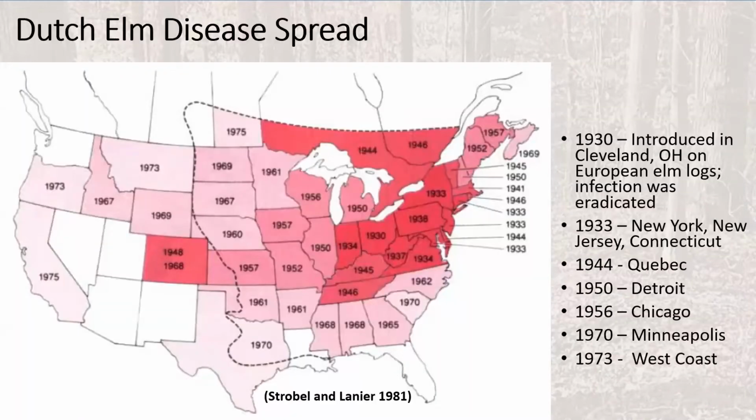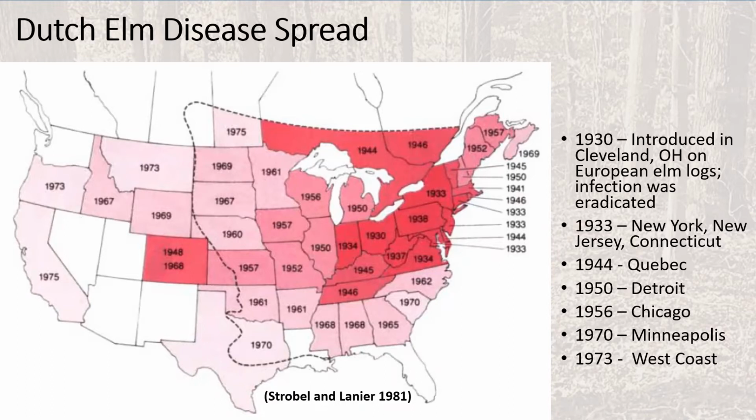So here's kind of a map that just shows it was initially introduced in around 1930. This 1933 infection in New York is kind of the one that I think we talk about a lot, but actually was introduced a little sooner in Cleveland, Ohio, on European elm logs that came in and brought the beetle harboring this fungus to our shores.